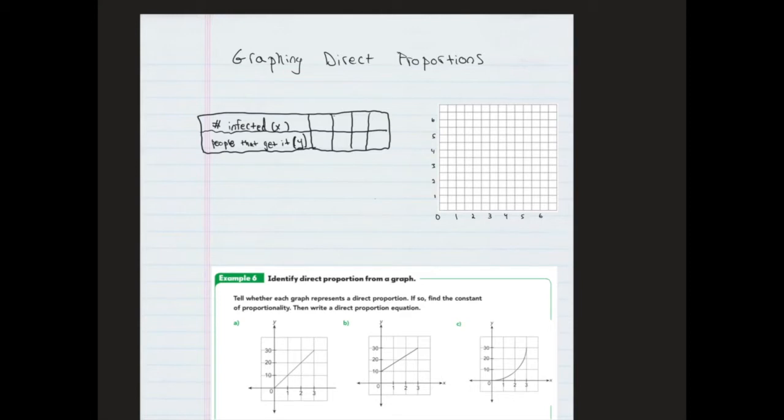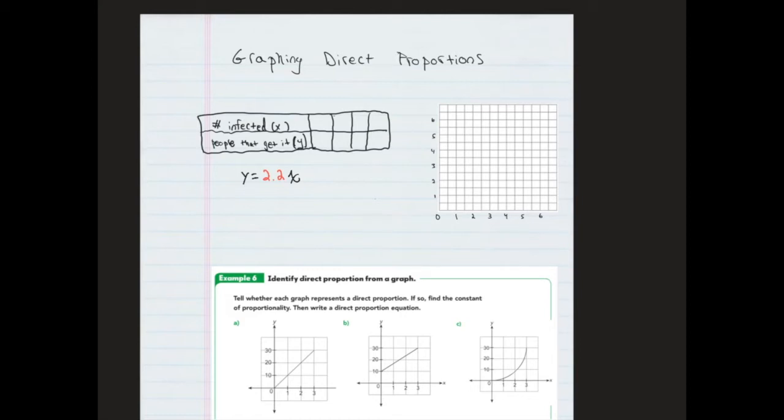Right now, they're saying that value is 2.2. So if we were to write a direct proportion equation for the coronavirus, we would say y equals 2.2x, because for every one person that's infected, we can expect it to spread to 2.2 other people.